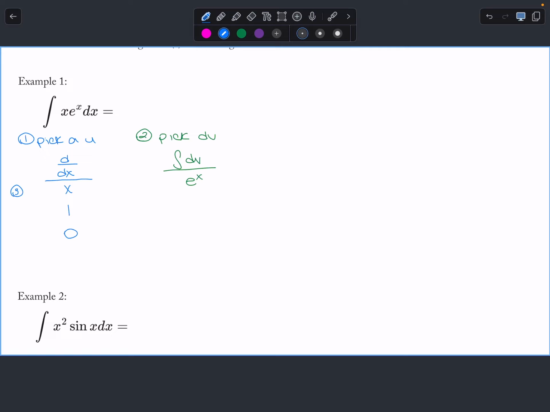I could do the formula if I really wanted to, but nobody wants to, because we lose positives and negatives, like I did in BC last period. Step 4 is to take the antiderivative of e to the x enough times to fill in my table. So I'll take it 2 times, which is just itself.